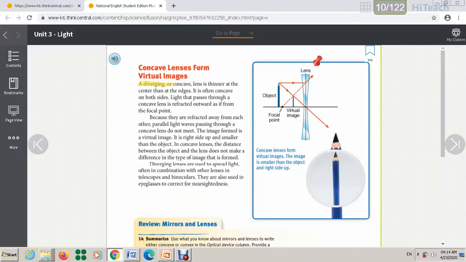It's not converging like a convex lens. The concave is diverging. It is thinner at the center than the edges. Look at the shape of this lens, it shows. With this one, light passing through a concave lens is refracted outward as if from the focal point. Okay.